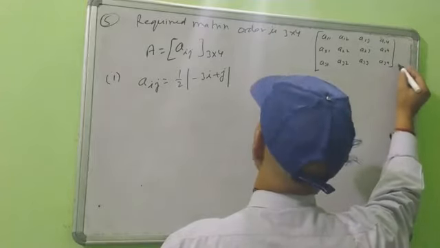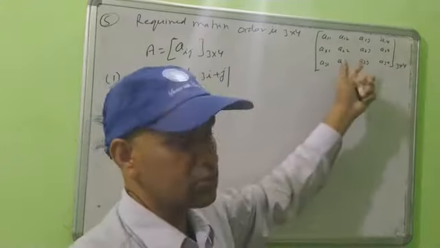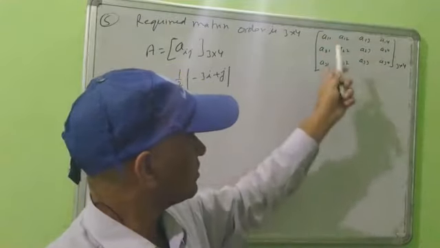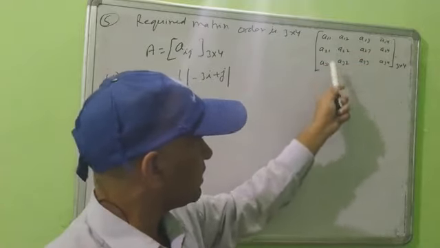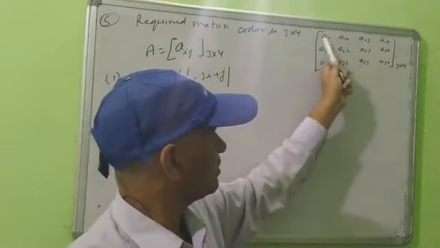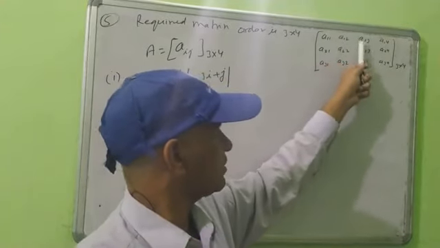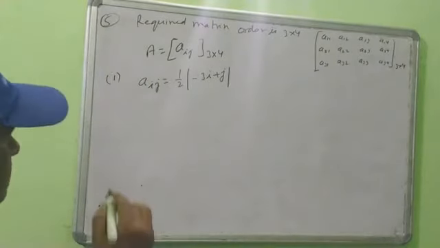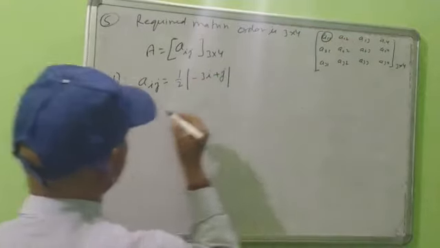This is the rough sketch of your answer. The total elements are 12. There are 3 rows, and columns first, second, third, fourth, so 4 columns. Now the first one we will discuss is 1 1.